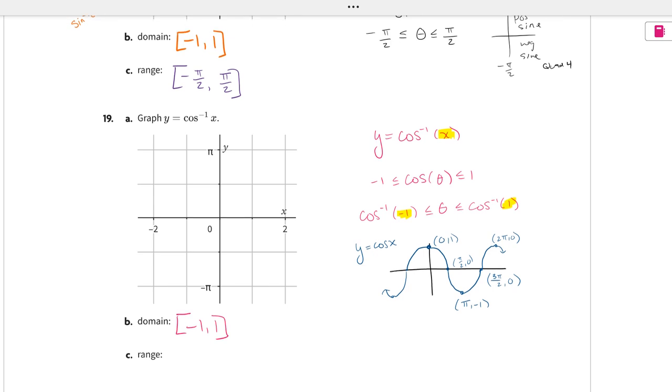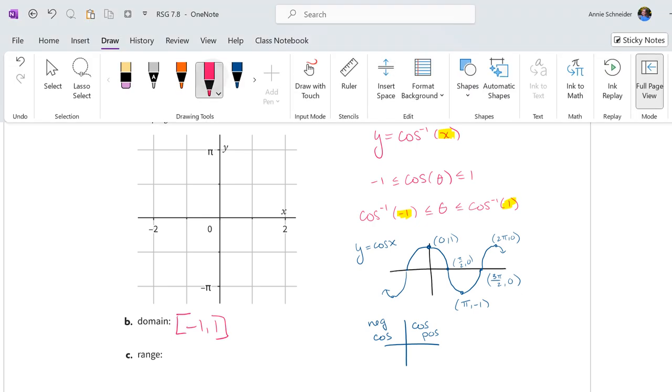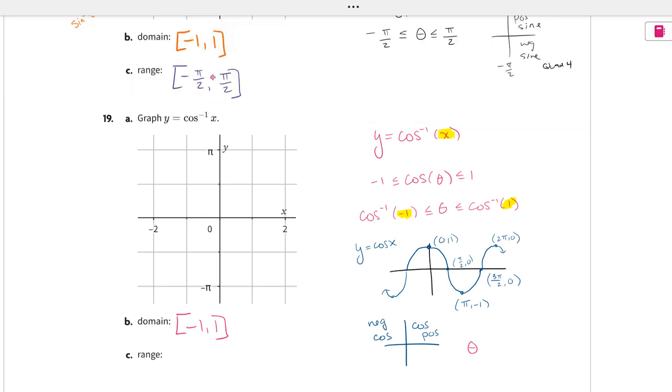Because we also said, remember, cosine is positive in quadrant 1, and cosine is negative in quadrant 2. So when we do cosine inverse, we said the highest value we're going to get is right here, because this will give us all the negative cosine inverse values, and the lowest one is 0. That'll give us the positive one.